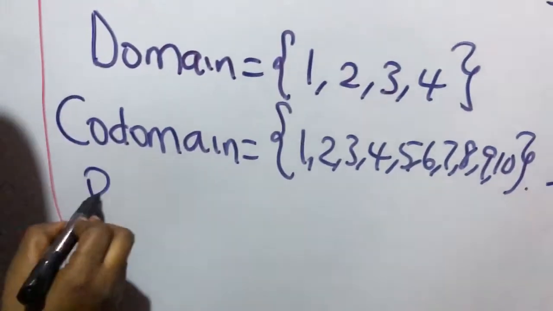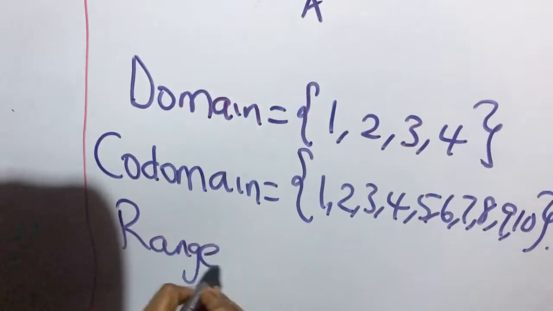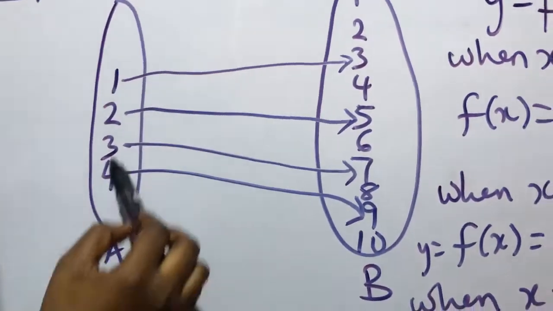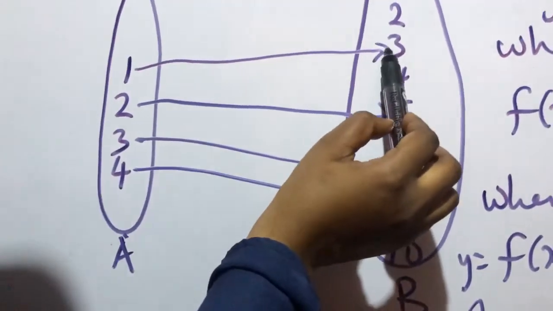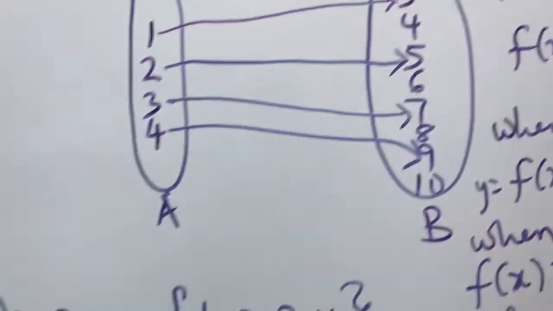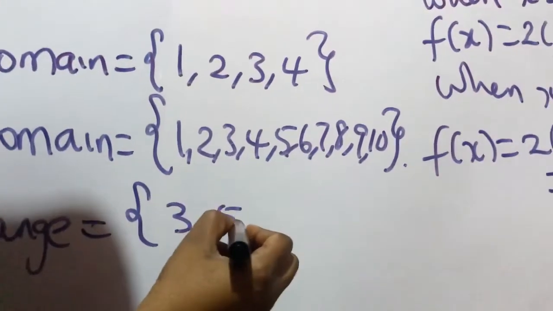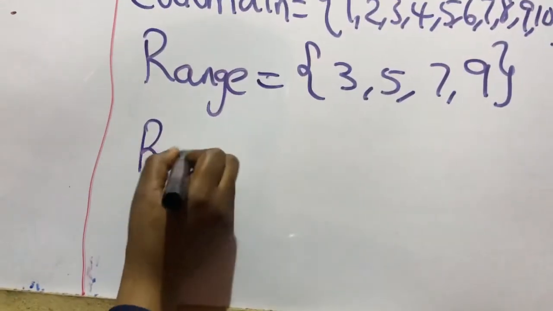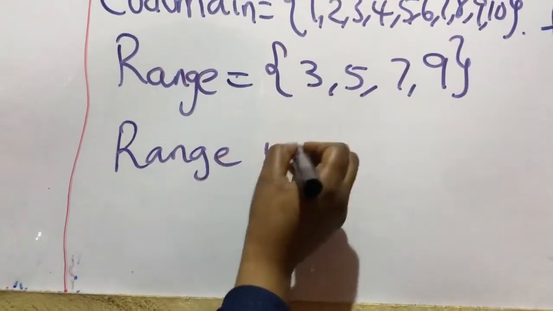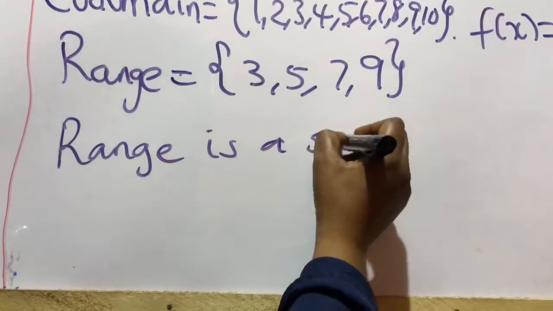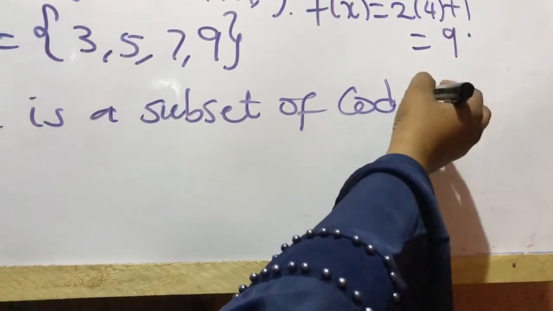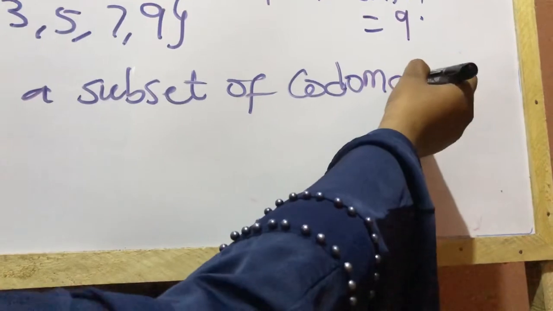And the range will be exactly the outcome, that is, those that each element of A is assigned to. So range is equal to 3, 5, 7, and 9. So we can say that range is a subset of codomain. So that's the difference between range and codomain.